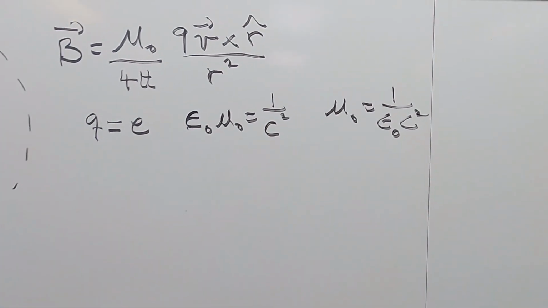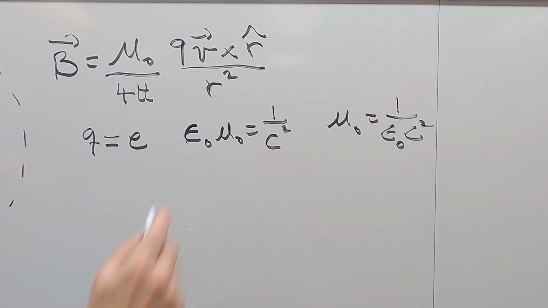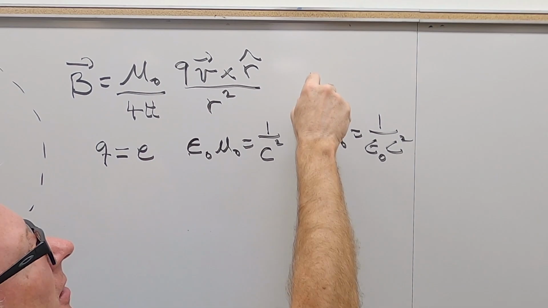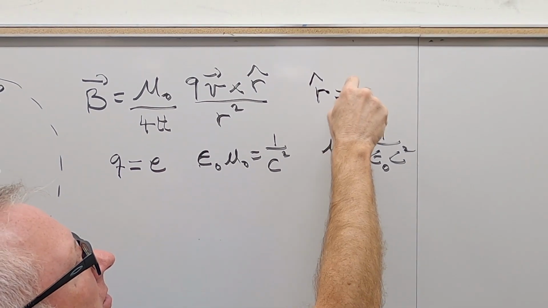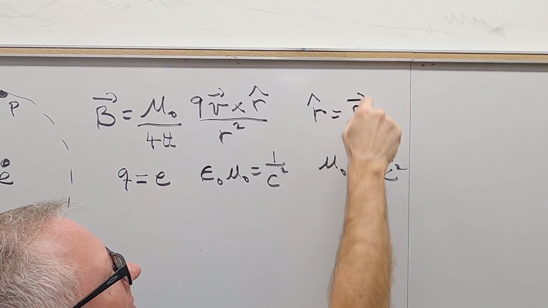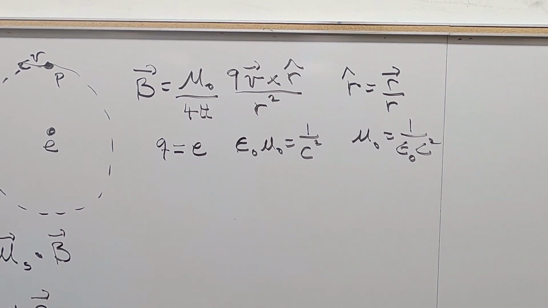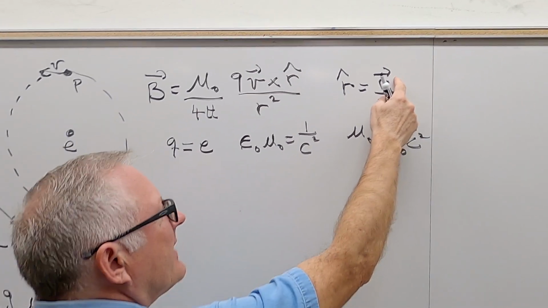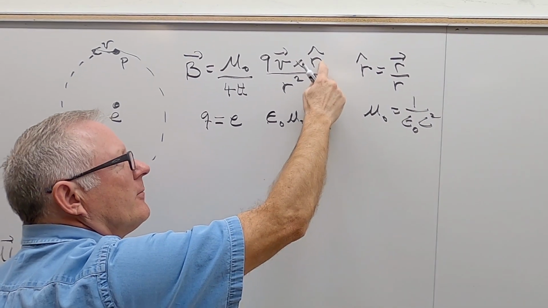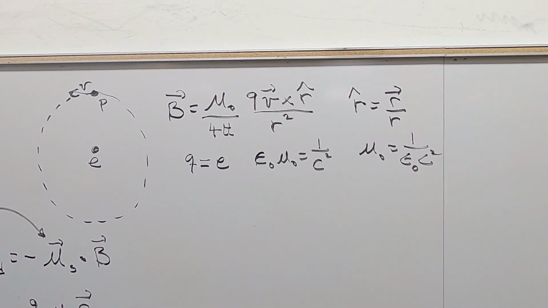And also, that R hat, I'm going to turn it into an R vector over the magnitude of R. Remember, that's the definition of R hat. It's the vector R over the magnitude. This thing really had a magnitude of 1.